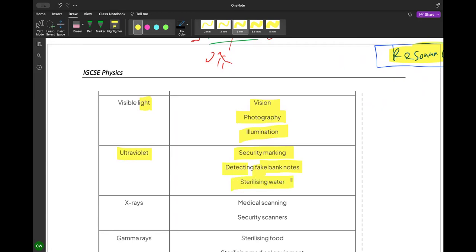Sterilizing water. Do you have a water dispenser at home? What is the most famous one? 最出名是哪一个 What is the best one? The Korean one. Water filter. What is the brand that you're using? What's the name already? Koku. What else?